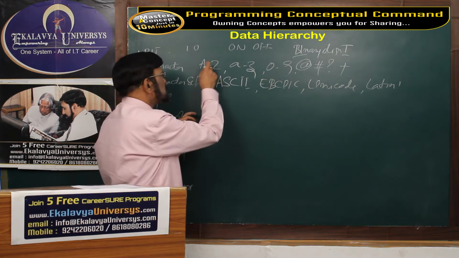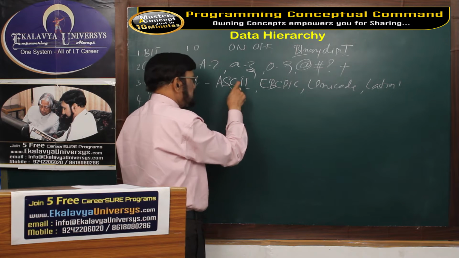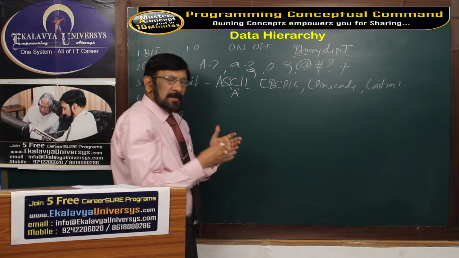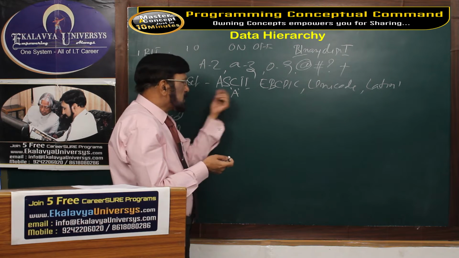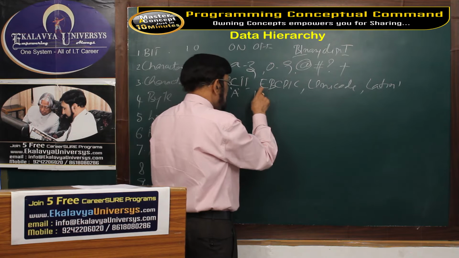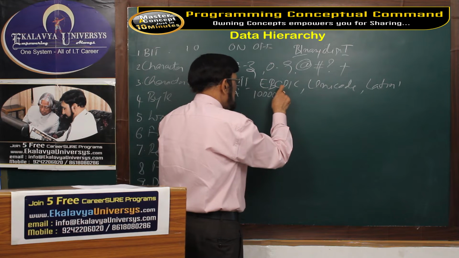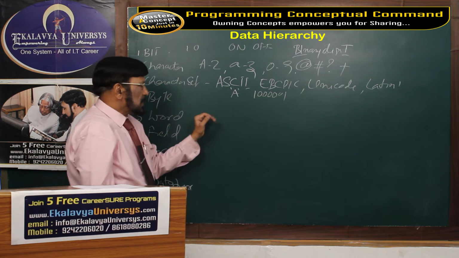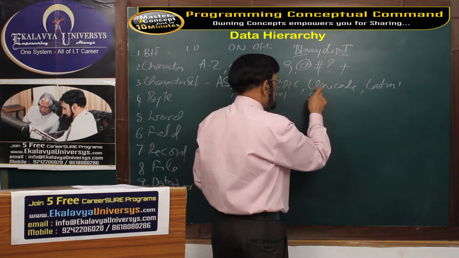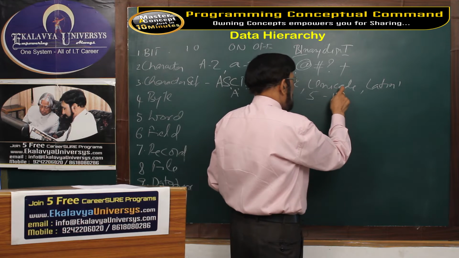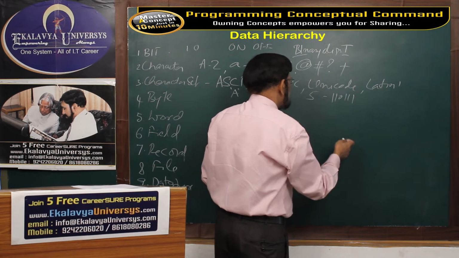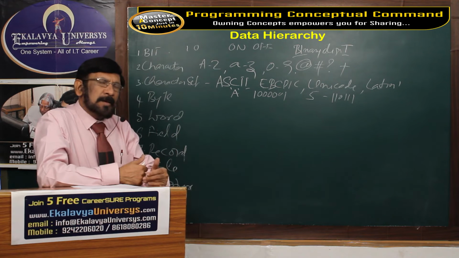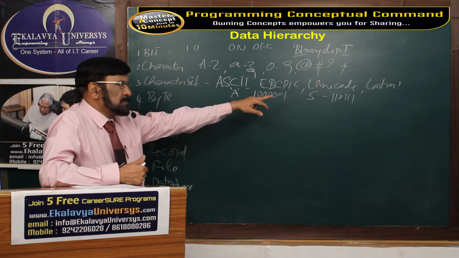Simple example I give you. Suppose we use A. But if you type A, the computer cannot understand. If it does not understand, how can it process? That's why for every character we see on a keyboard, a code is created. For every character, a coding scheme is created.